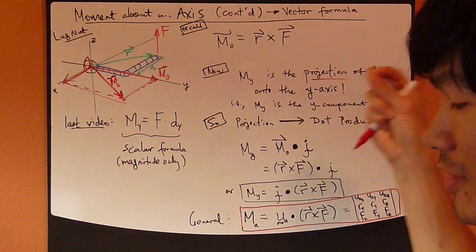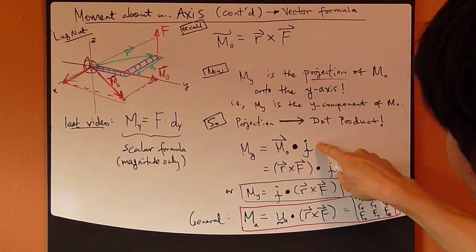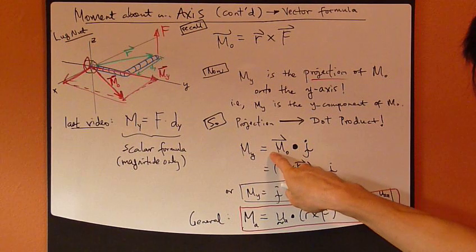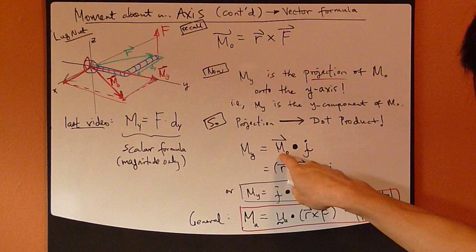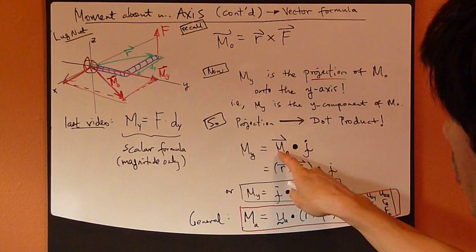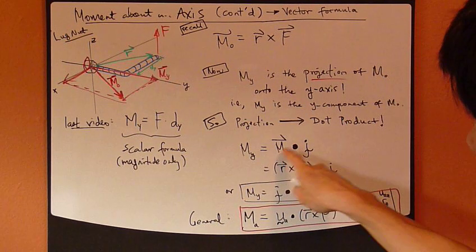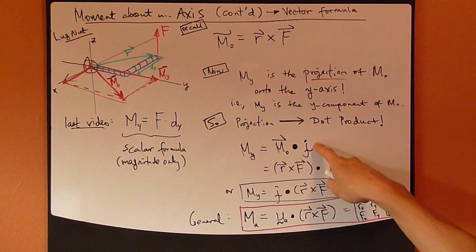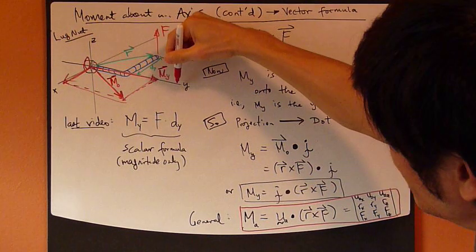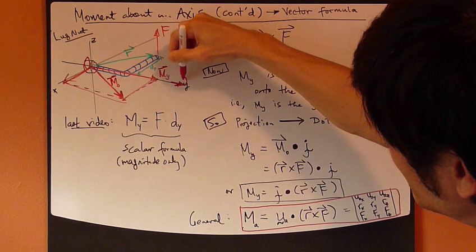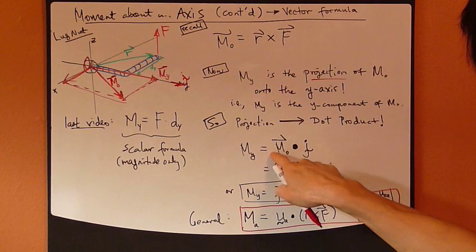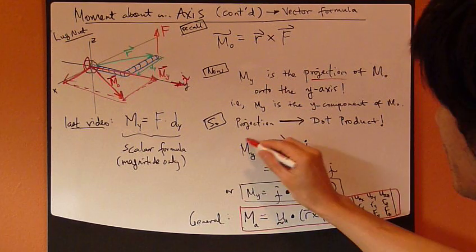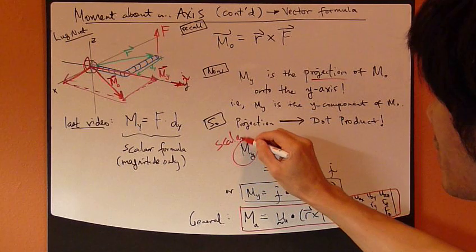Using the definition of the dot product, My is this M naught vector, moment about point O, dotted with the j unit vector. A vector dotted with another vector gives you a scalar, which is just a number.